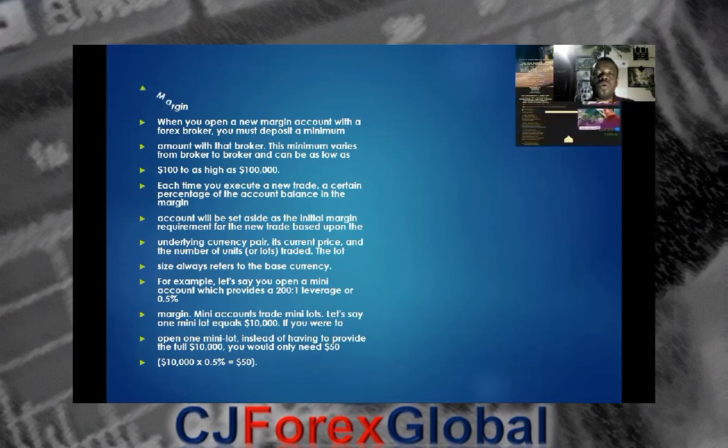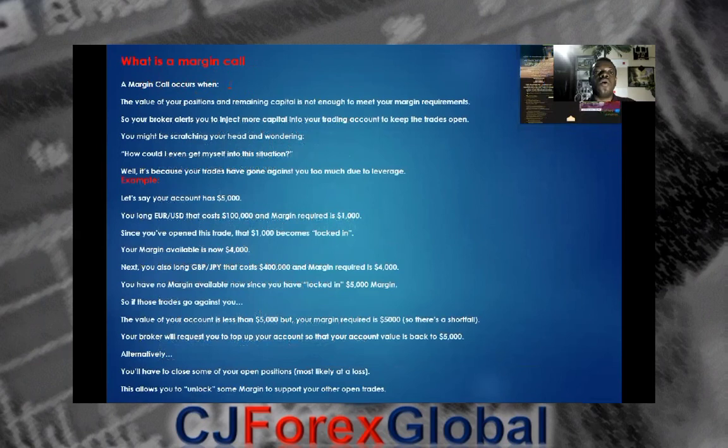Then there is one we call margin call, which we are going to be talking about again. If your loss goes deep, that you have made a loss of almost 85% of your account, you will be warned and given a margin call by your broker, because they don't want the loss to penetrate into the loan they gave you.